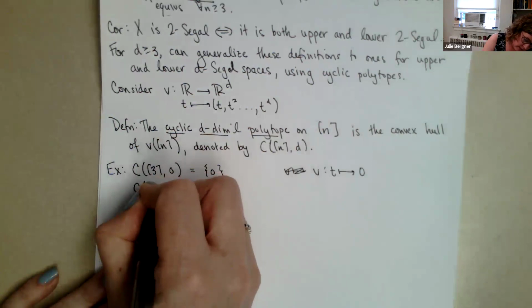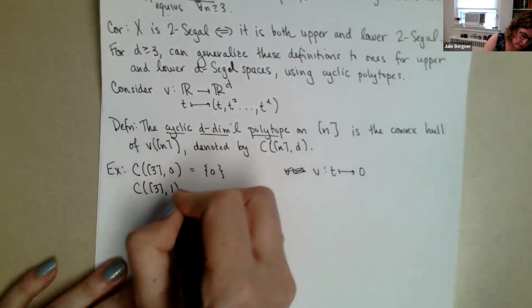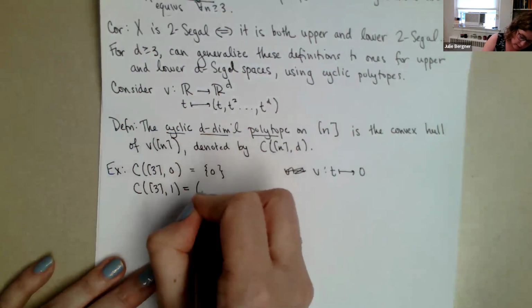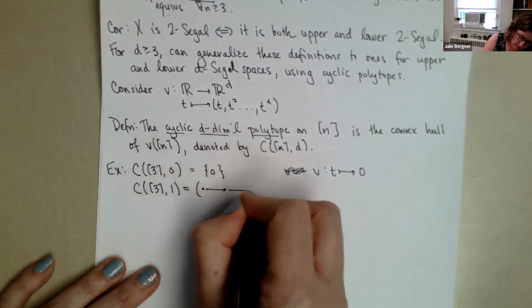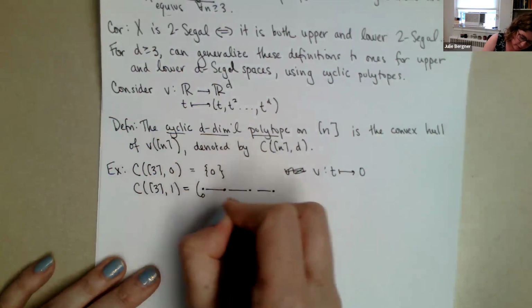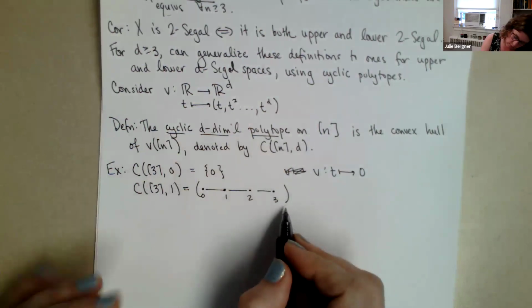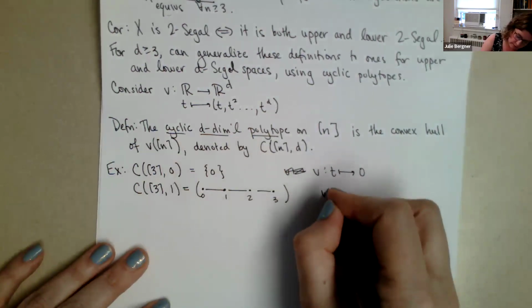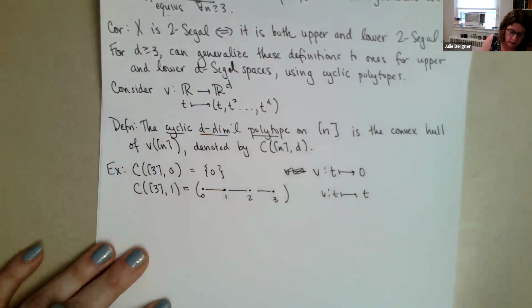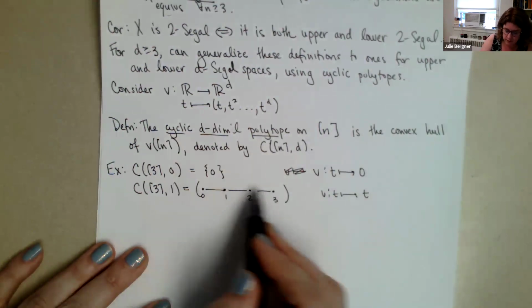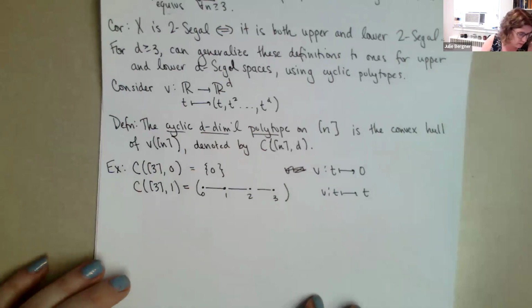If we have C(3, 1), we have the points 0, 1, 2, and 3 in the real line, and V is just sending t to t, and we take the convex hull, that's just the line segment from 0 to 3.